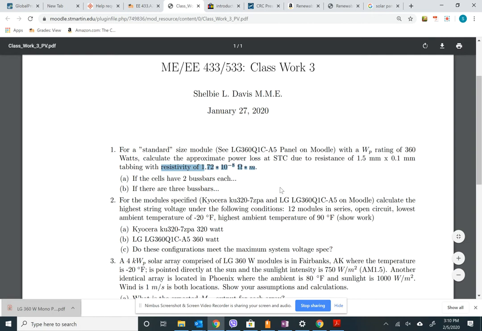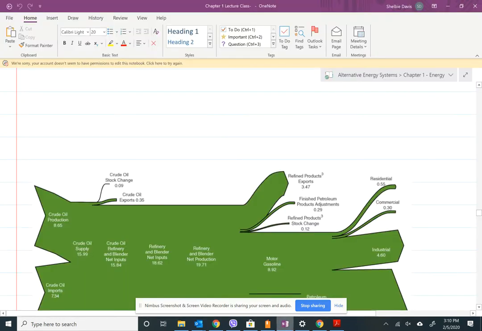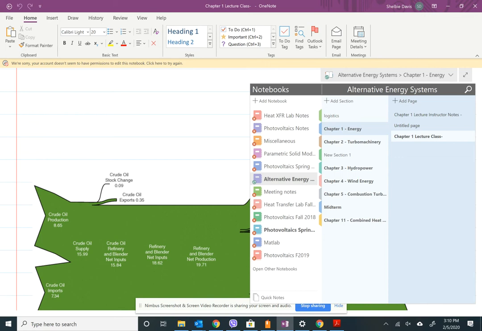Okay. So I'm going to switch over to start out a new, where do I want to do? Photovoltaics, spring 2020.